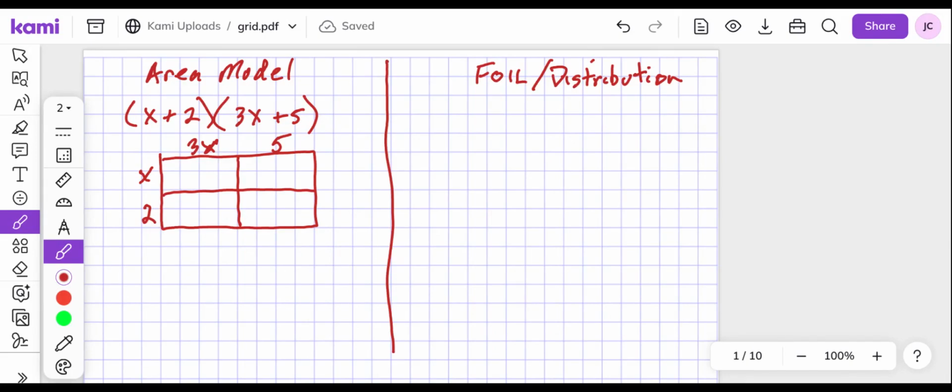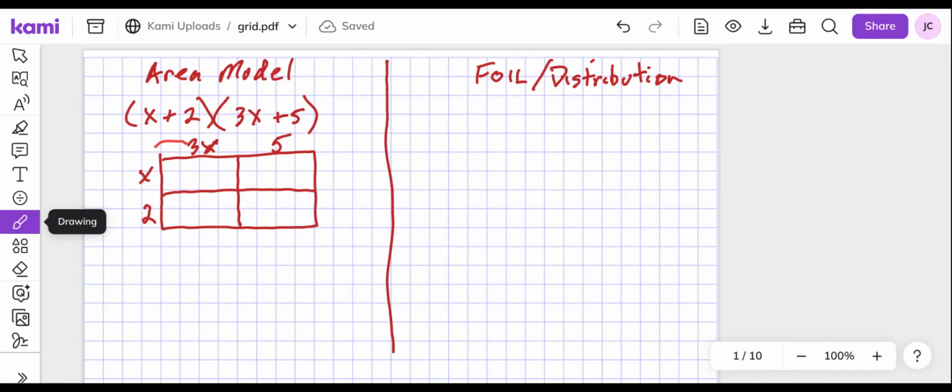So there we are. Now the next thing I want to do is take each of the columns and rows and multiply by what's on the outside edges to get what goes in the box. Right, so 3x times x goes right here.